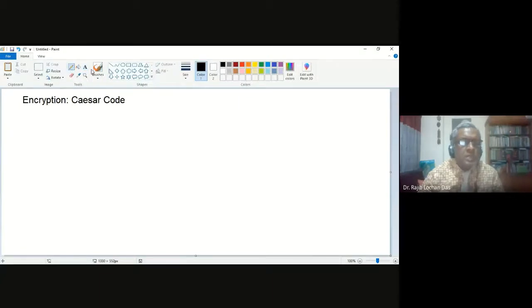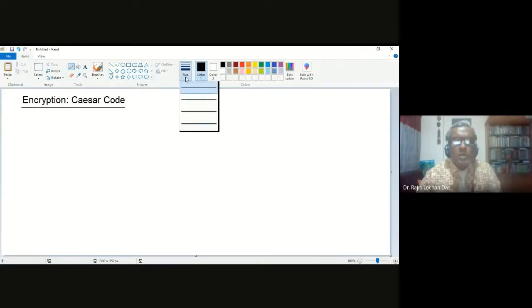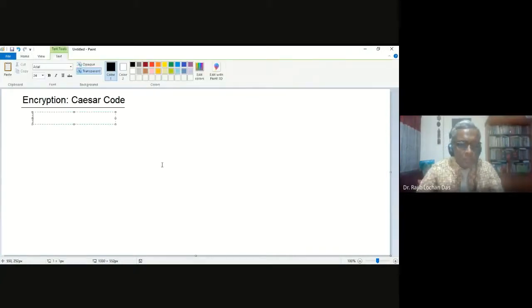That is how the Caesar code encryption will be used. We do this by a Caesar code function or Caesar encryption function. So it is actually very simple.